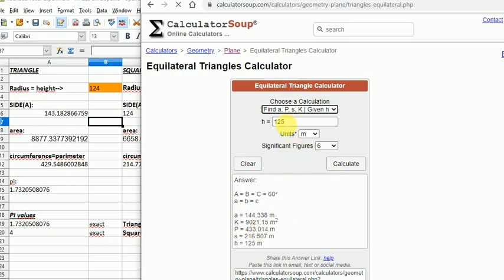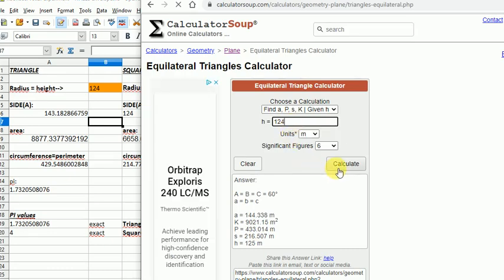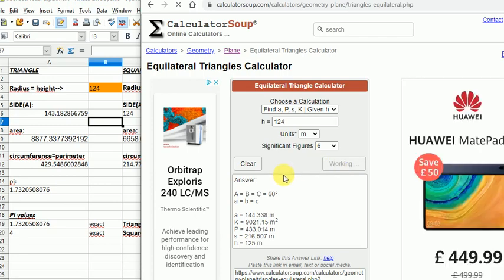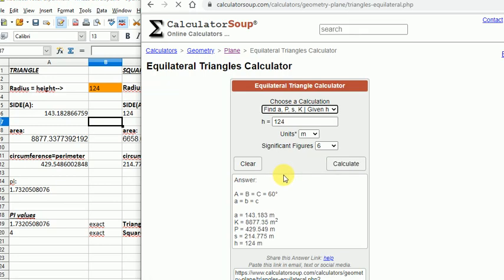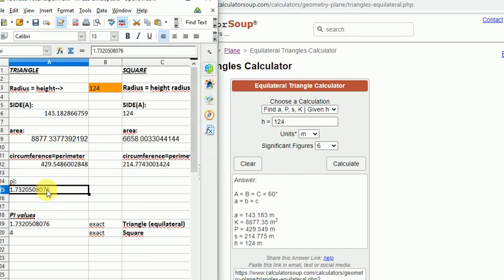Oh, sorry, I put 125. Oops. 124, calculate. Embarrass me in front of people. 8877. Yeah, but remember, this value has stayed the same.